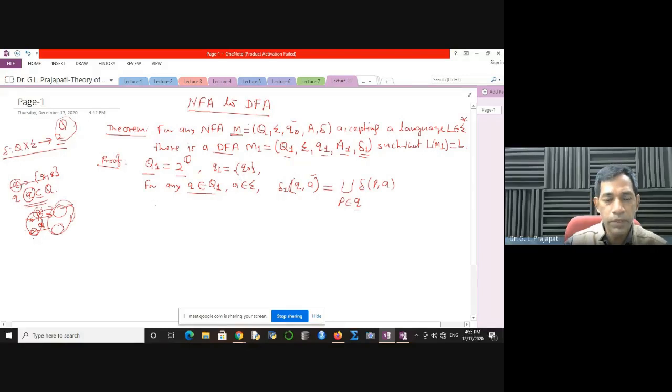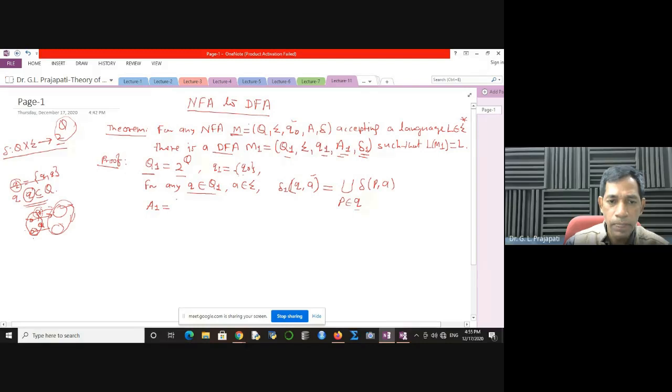Now you can define the set of final states. You have the NFA, and A is the set of final states of your NFA. How can you define the final states of the DFA?